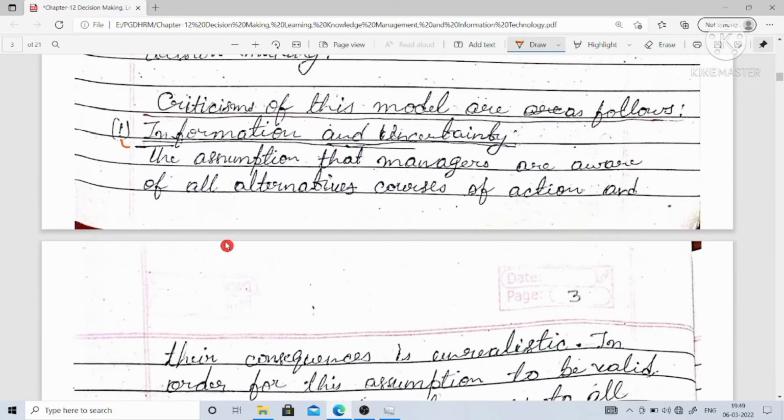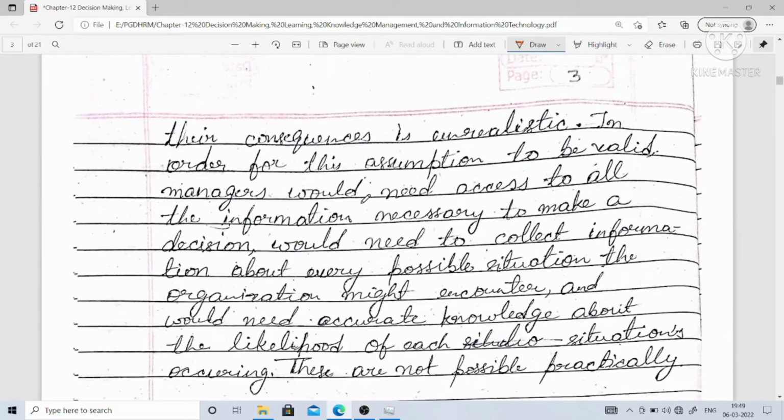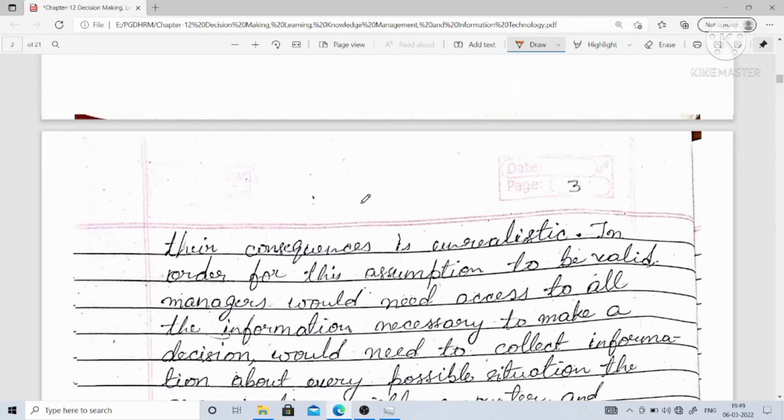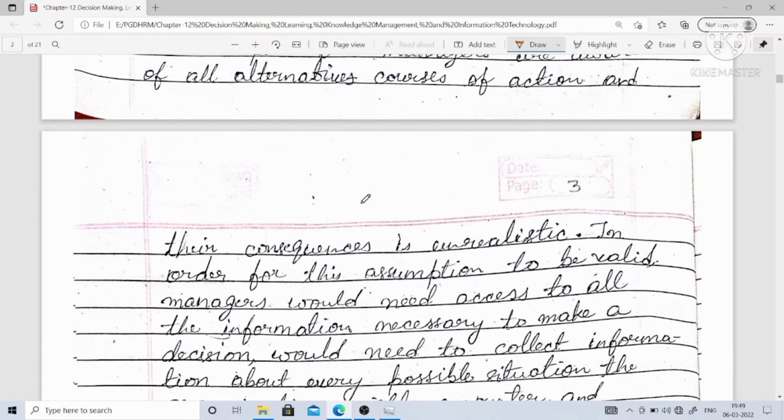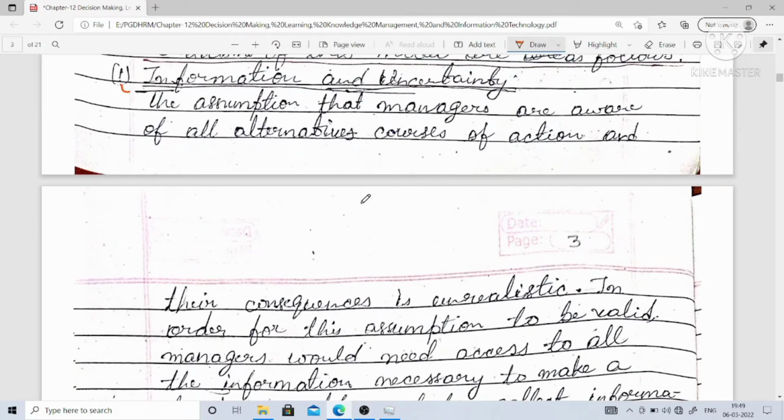You see, the assumption that managers are aware of all alternative courses of action and their consequences is unrealistic, because managers do not know all alternative courses.